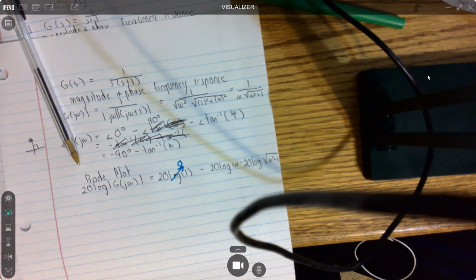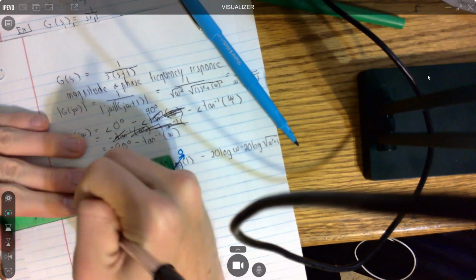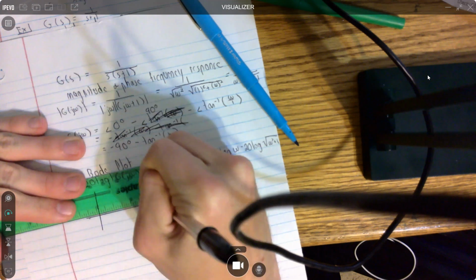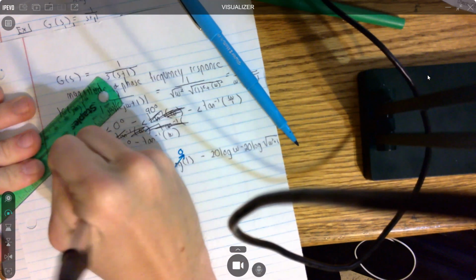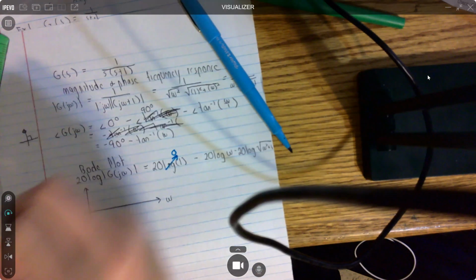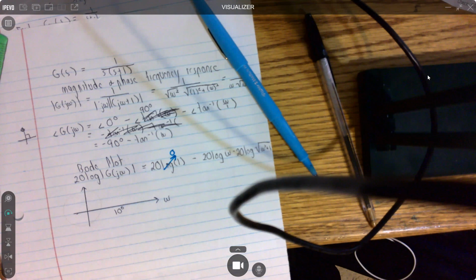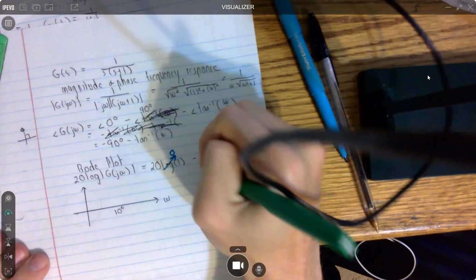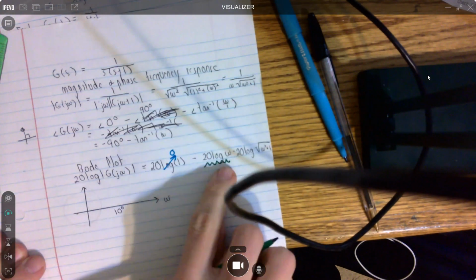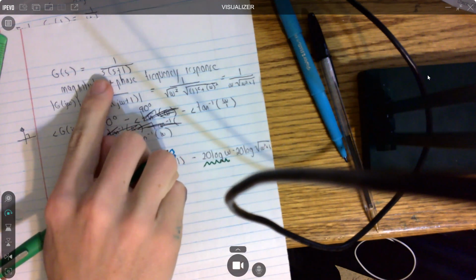So what we're going to see in our Bode plot, if we have our omega here and 10 to the 0 here, is this first one, the pure pole at the origin.